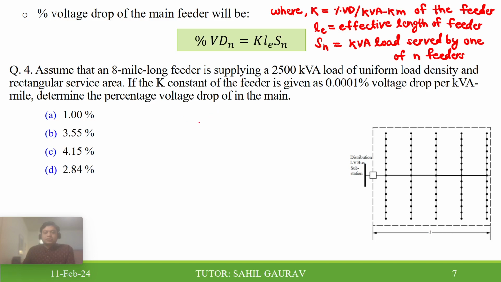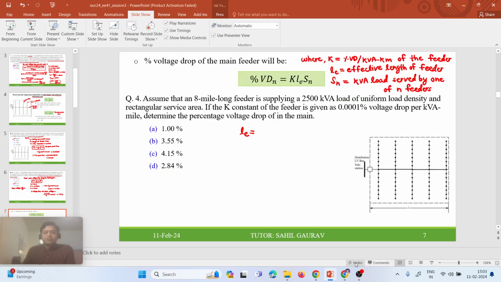You have to find the percentage voltage drop of the feeder. So for uniform load density, what is the effective length of the feeder? Can anyone tell? Many are typing their answers in the chat box.